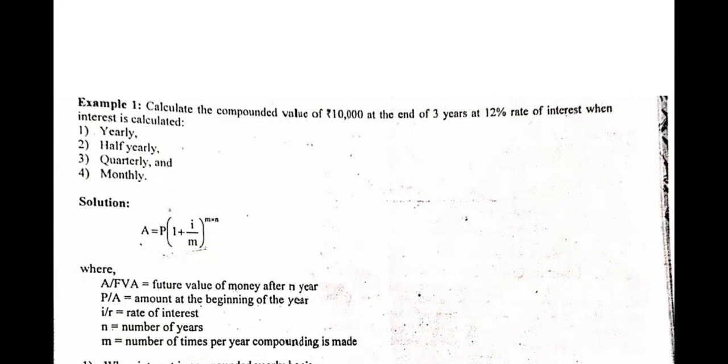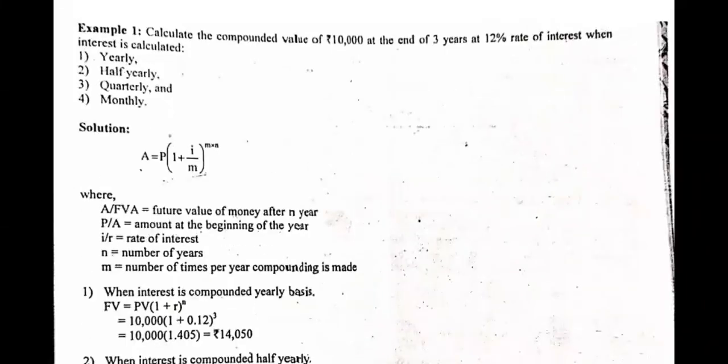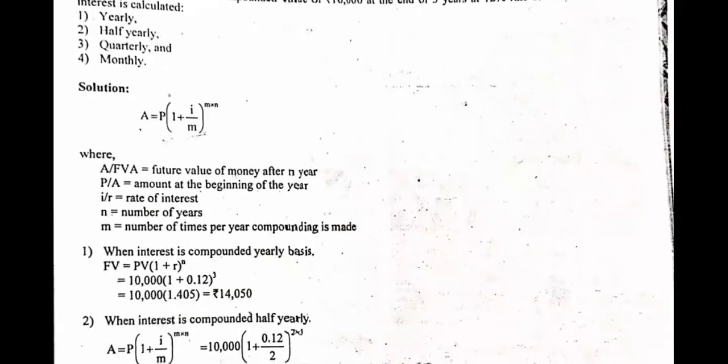Okay, if the interest is calculated yearly, half yearly, quarterly, and monthly, we need to calculate the compound value of rupees 10,000. So there we can use a formula: present value into bracket 1 plus r raised to n, or we can use the formula A equal to P into bracket 1 plus I divided by m, bracket m into n.